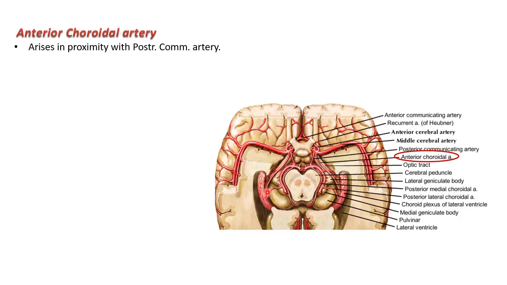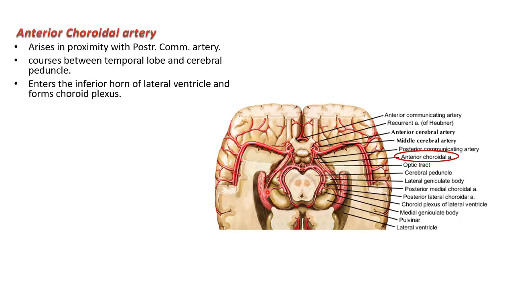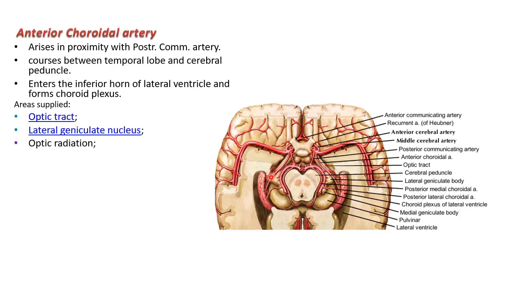Does it supply any other structures apart from the inferior horn of the lateral ventricle? Yes, it supplies many areas: part of the caudate nucleus, thalamus. Since it is running very intimately related to the optic tract, definitely it supplies your optic tract, and the posterior expanded part, your lateral geniculate body, which is the relay center of the optic tract.